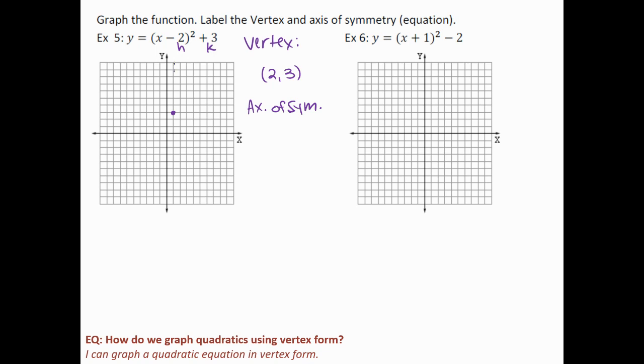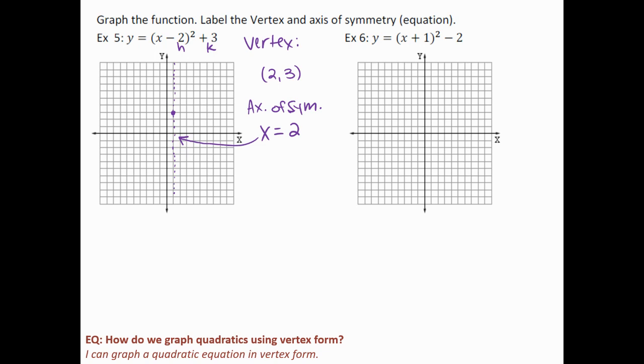It goes right through the vertex. It's a vertical line right through the vertex. And that equation is x equals whatever your h value was. So in this case, 2. And I will draw an arrow to it in a minute. Actually, I'll do it now. It's fine. x equals 2. That's this right here, axis of symmetry.